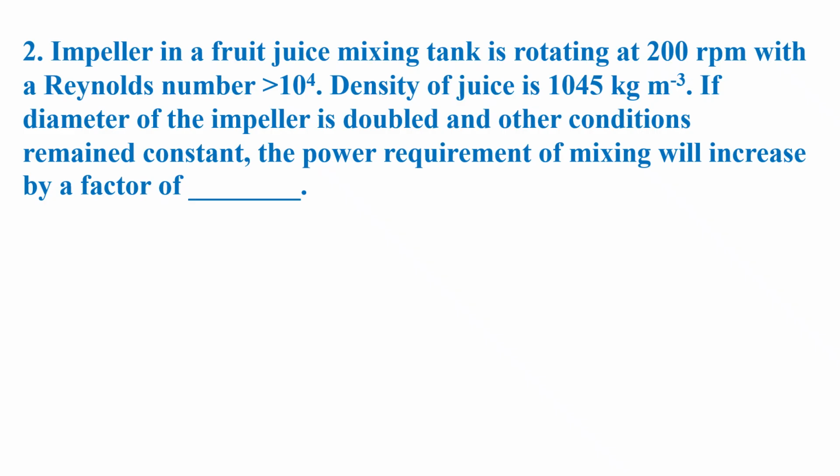Okay, so over here it is turbulent flow. We can understand it is more than 10 to the power 4. That means Reynolds number is more than 10 to the power 4, it is turbulent flow.